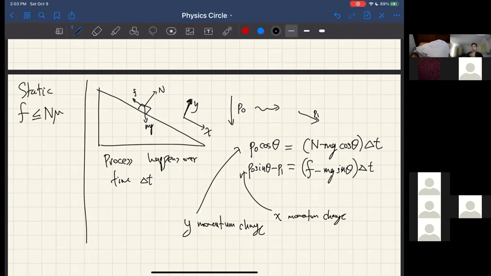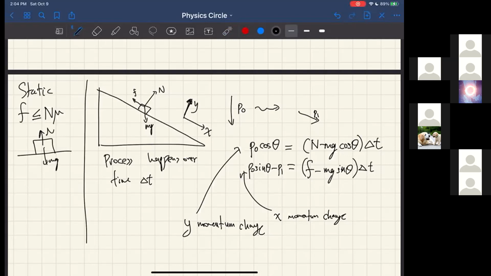For example, a block sitting on a horizontal table has no friction because there's no gravity pushing it in the x direction. You might say, there's a normal force mg, so shouldn't there be an n mu friction force? Well, that's not the case. If I just have a block sitting, I have n, I have mg, and I have no friction, even though it's static friction with coefficient mu.